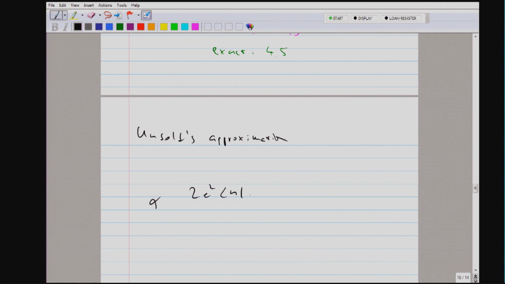We have a second order matrix element, so we couple the state n with the operator z to a state m.